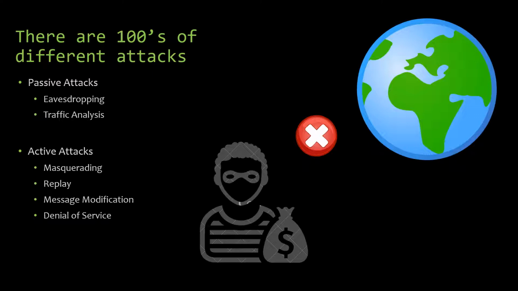And in fact, no attack is really preventable. We can never, ever in our IT environments mitigate a risk 100%. So masquerading is a very simple concept where the attacker impersonates an authorized user and gains access to something that they shouldn't have.